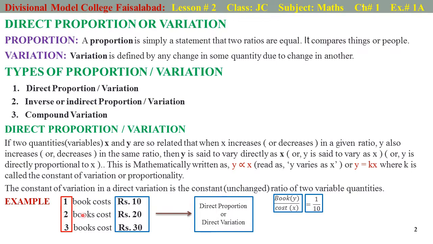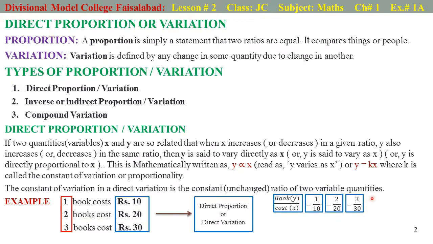In the second case, when 2 books, cost is 20. This ratio of books to cost is 2 by 20. And in the third case it is 3 by 30 because there are 3 books and 30 is cost.